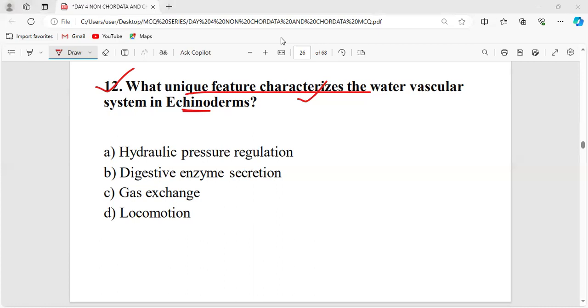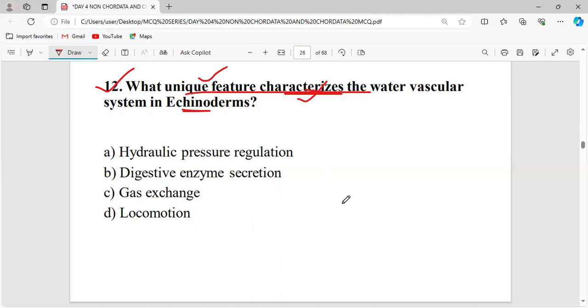Tube feet are a part of the water vascular system involved in locomotion. That is right, but what I'm asking is the unique feature that characterizes the water vascular system.